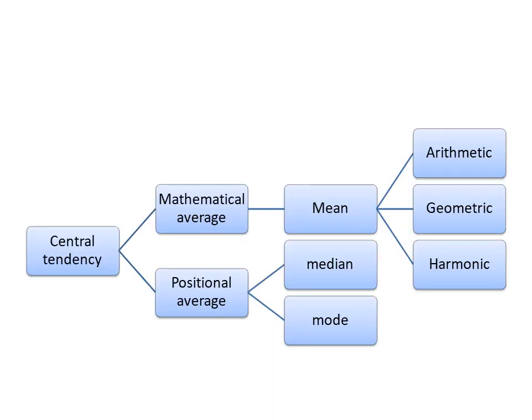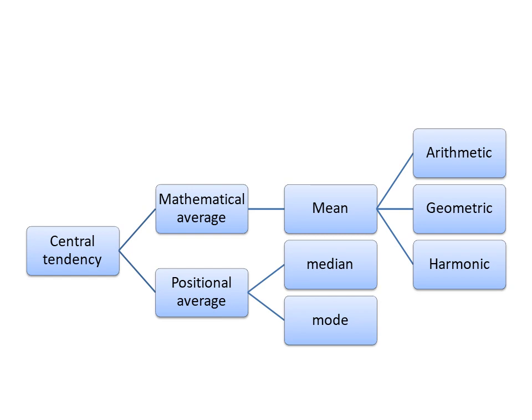We have two different types when we are going to calculate it: mathematical average and positional average. In mathematical average, we have mean, and in positional average, we have median and mode. Of course, in positional average we even have one more thing called quartiles, but quartiles we will study in measures of dispersion, so I have not included it here.